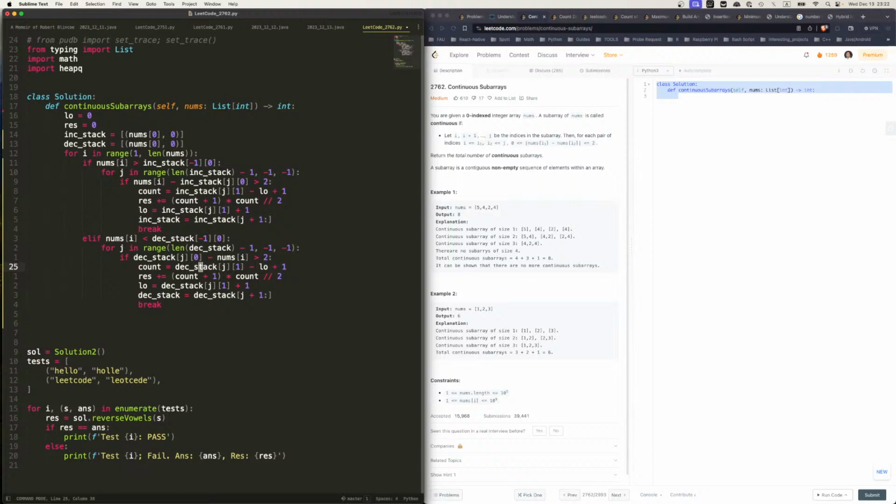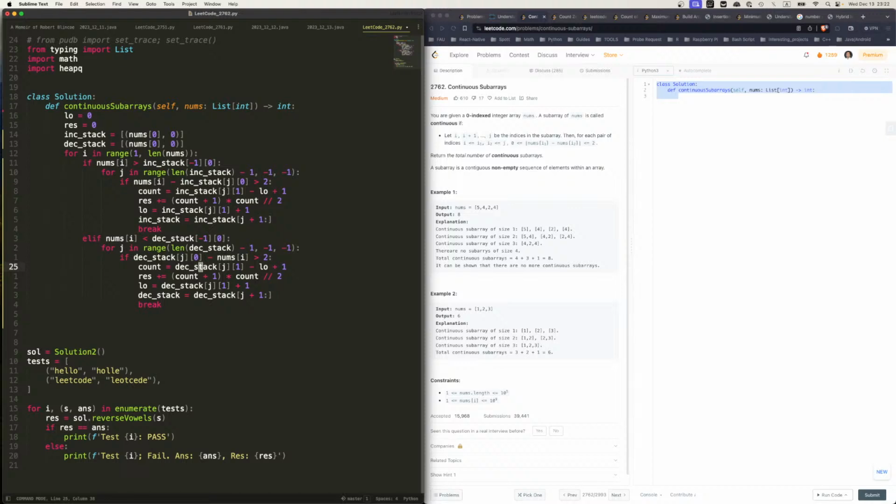Then on the decreasing side, what are we gonna do on the decreasing side? See, that's why having one is just not the most convenient.